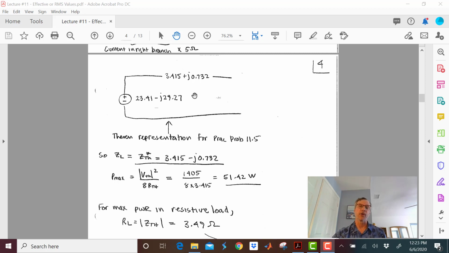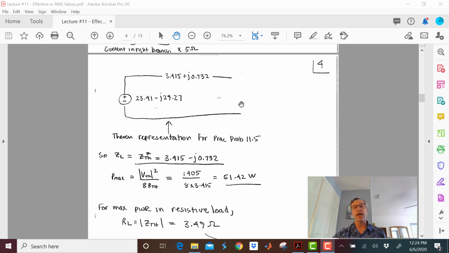And our matched load, of course, I see a plus here, so that's got to look like an inductor. So our matched load is going to look like a capacitor in series with a resistor. And I'm going to get 51.4 watts in that resistor. So now let's find the maximum power in just a resistive load.